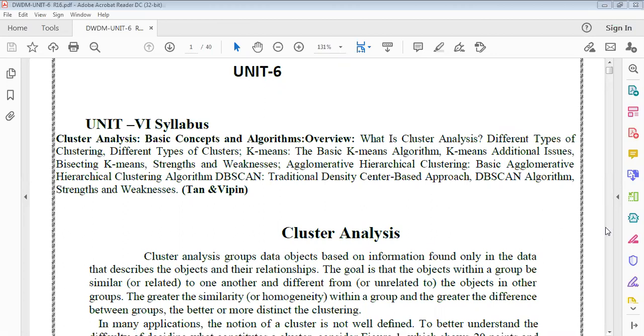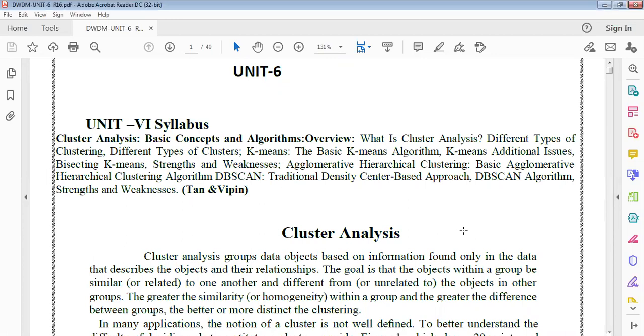Here, what are the data points you have, what objects do they consist of, and what is the relationship? All these things we have to discuss in cluster analysis.